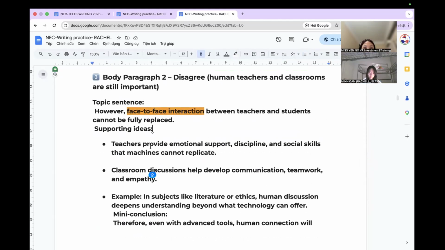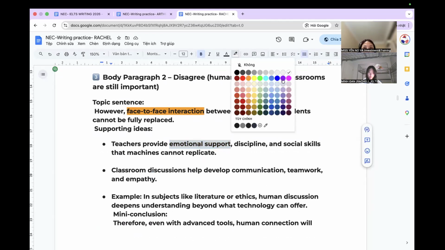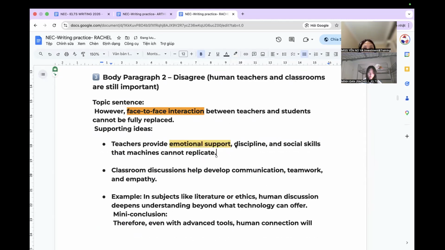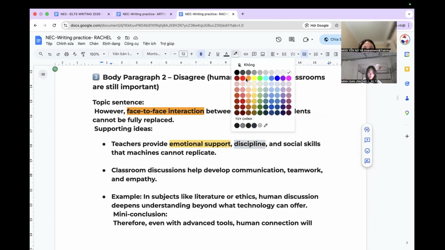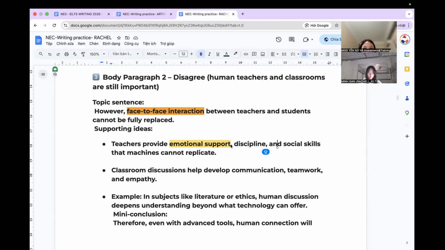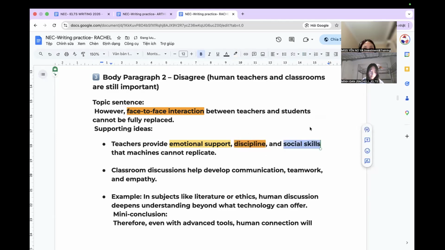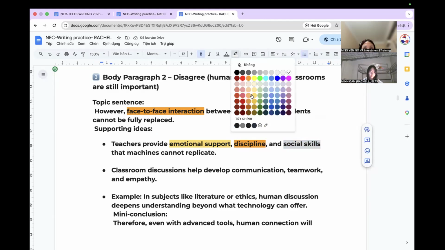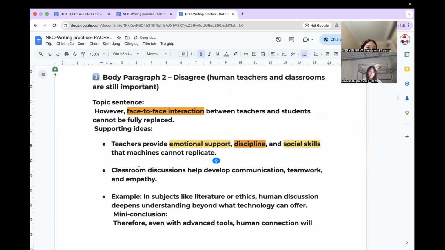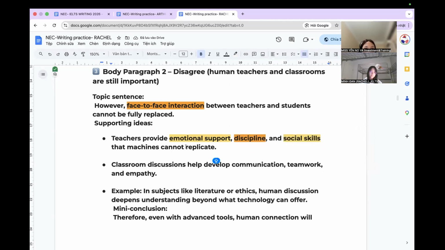because besides teaching, they can provide emotional support. That's important. Discipline and social skills. Machines cannot replicate, it means replace.